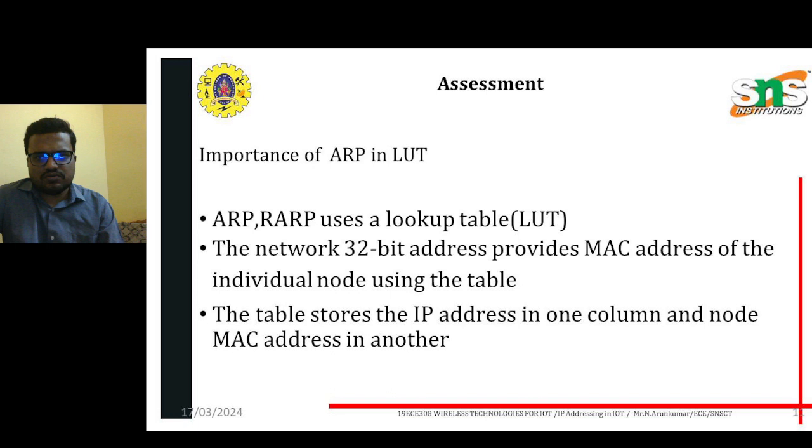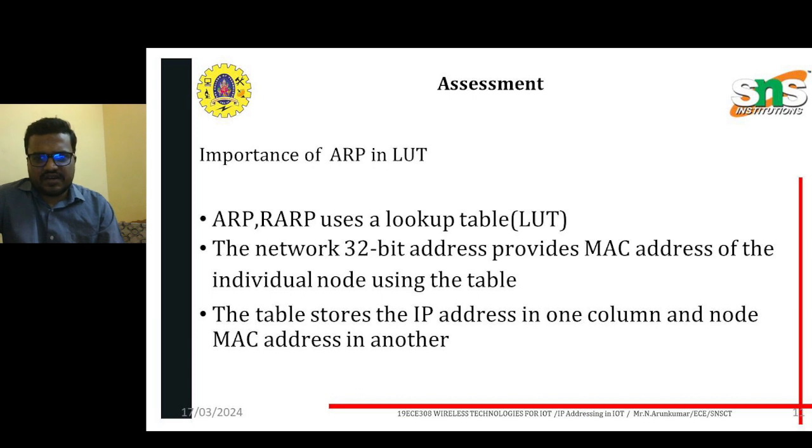ARP and RARP play an important role in this lookup table, because the Address Resolution Protocol and Reverse Address Resolution Protocol are mainly used for 32-bit address calculation. If there is any error in the address bits, it will automatically reverse the checking process by using the Reverse Address Resolution Protocol in the MAC.